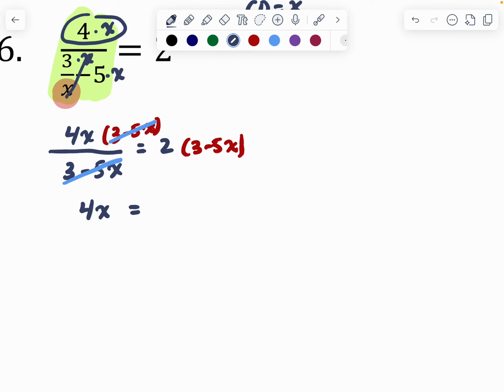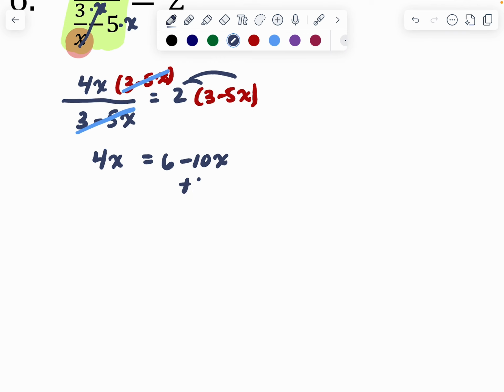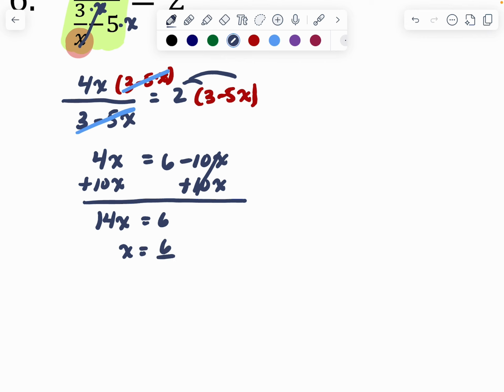And then if I go ahead and distribute this, that's going to be 6 minus 10x. Okay, if I add 10x to both sides, 4x plus 10x is 14x. And then if I divide both sides by 14, I'm going to get 6 over 14. And if we reduce that, that's going to be 3 over 7.